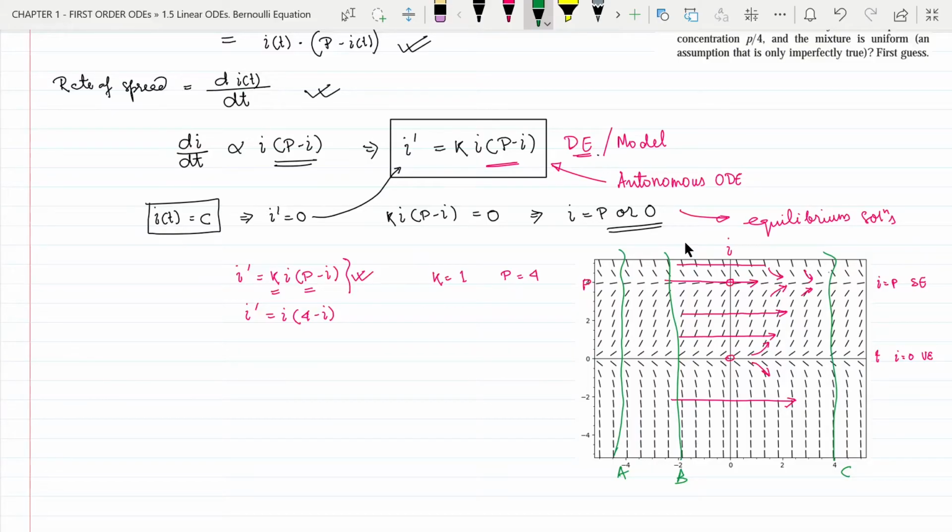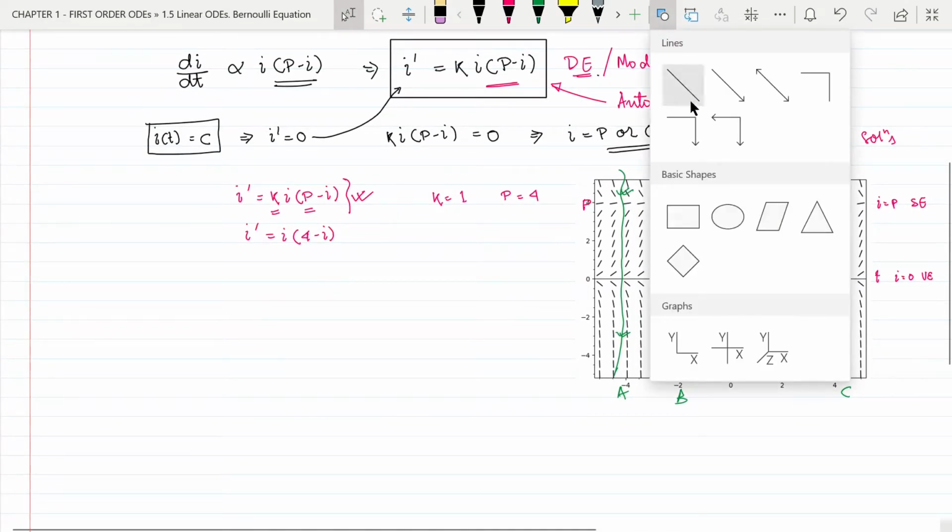You can see at C, this is the same as this, which is the same as this one. Also here, this linear element, this one and this one are the same, because the property of the linear elements doesn't change with change in value of t. So we can reduce this two-dimensional picture into a single-dimensional straight line, which is called a phase line. Now let us learn how to draw a phase line.